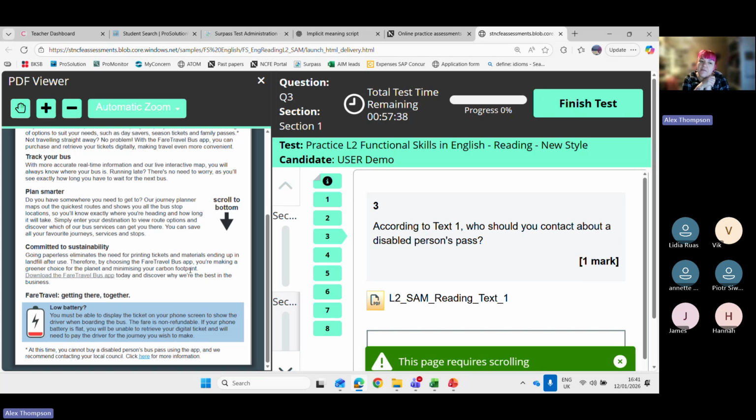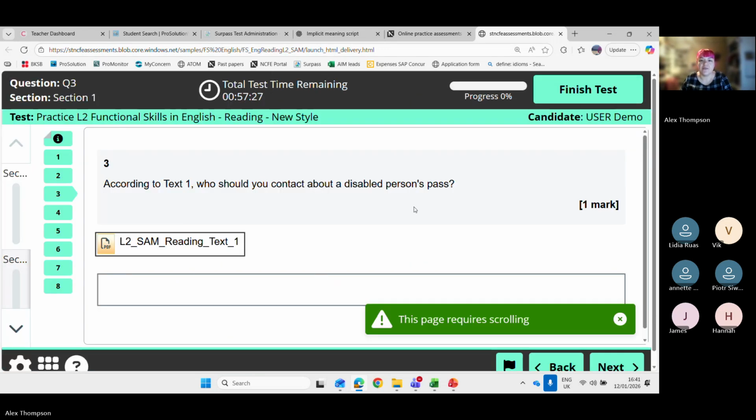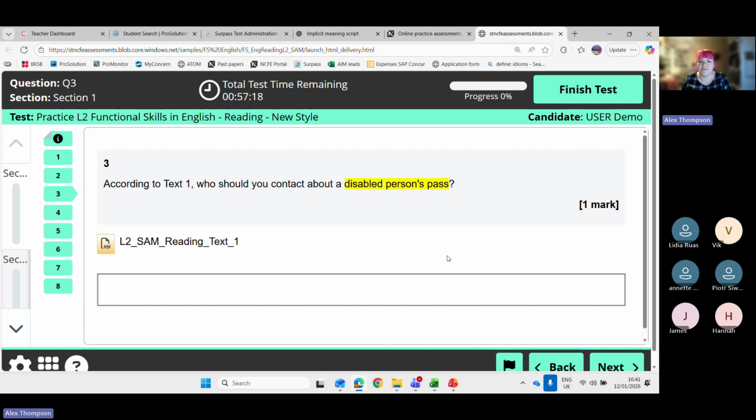And it says, at this time, you cannot buy a disabled person's bus pass using the app, and we recommend contacting your local council. So if we've read that document and looked for the keywords, in this case we're looking for any kind of disabled person's bus pass.